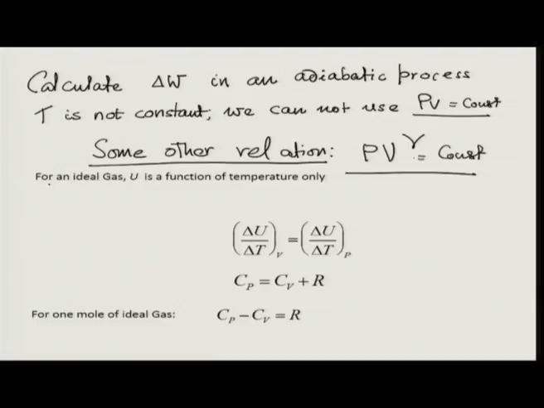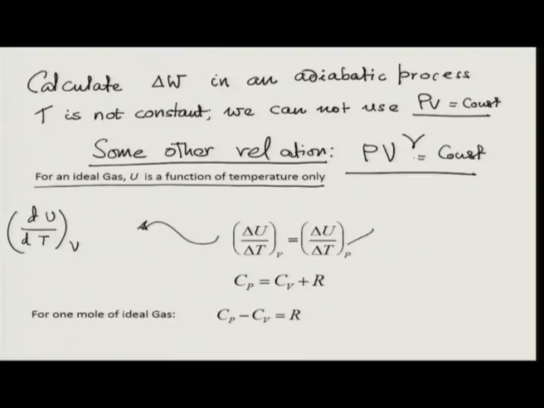For an ideal gas, U is a function of temperature only. So this derivative, if I write it in derivative form, is dU/dT keeping volume constant, but this is a function of temperature only. Similarly, this is dU/dT keeping pressure constant.